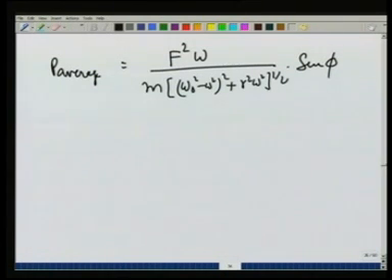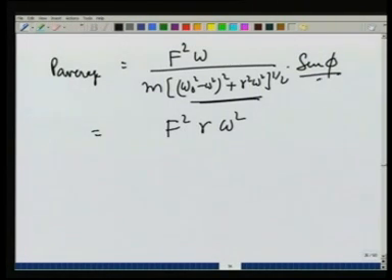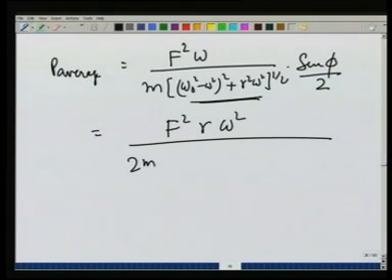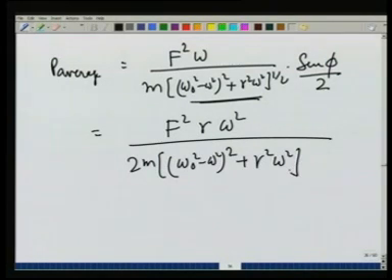Sine of phi, you recall, is gamma omega divided by this quantity. Therefore, this comes out to be f square gamma omega square, and 1/2 because of cosine square omega t being averaged, divided by 2m times (omega naught square minus omega square) square plus gamma square omega square, which is exactly the same as we obtained earlier by calculating the power being lost.